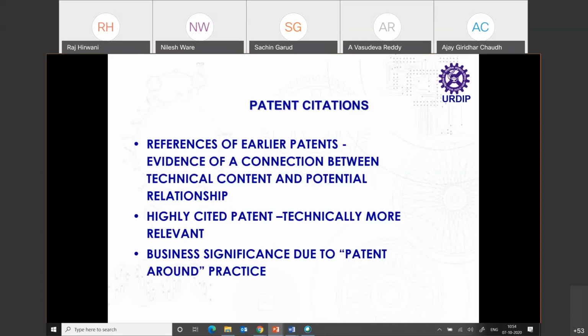So earlier patents give the relationship between the technical content of your invention and the previous known technology. A highly cited patent is also important because it is relevant. In any particular area, if you start going back, you will finally end up at the same patent which started the whole area.